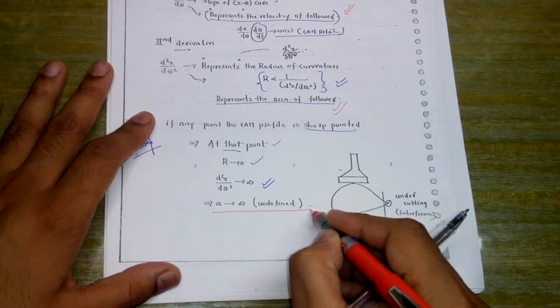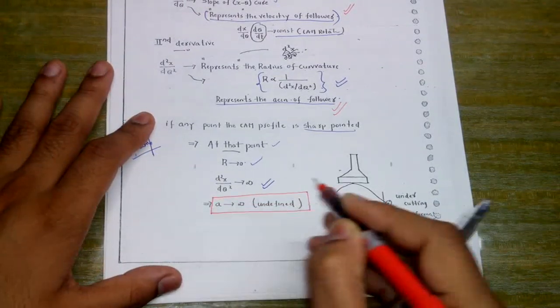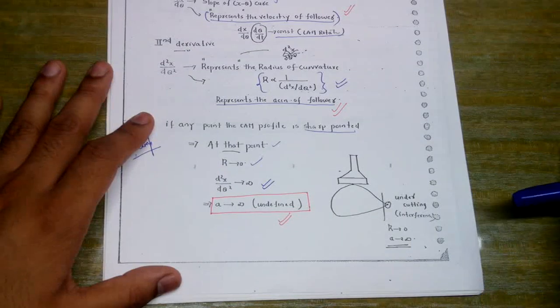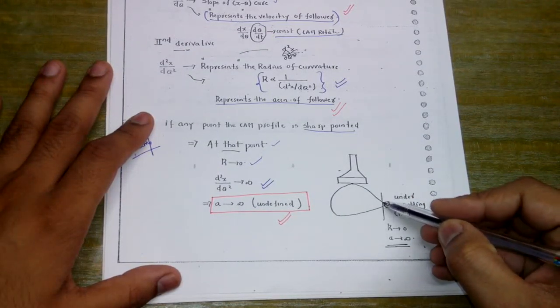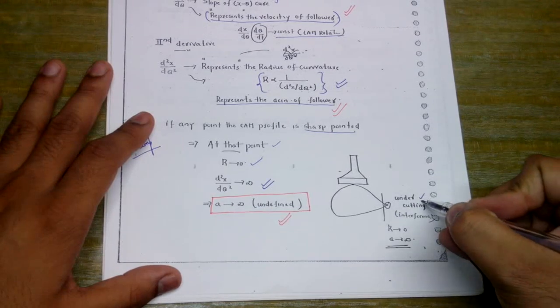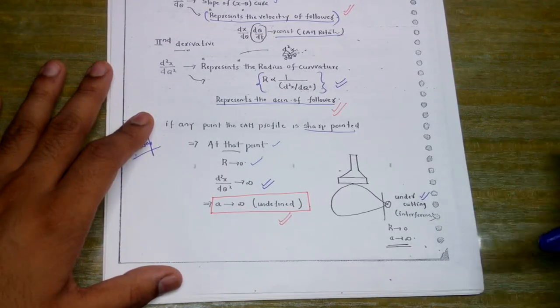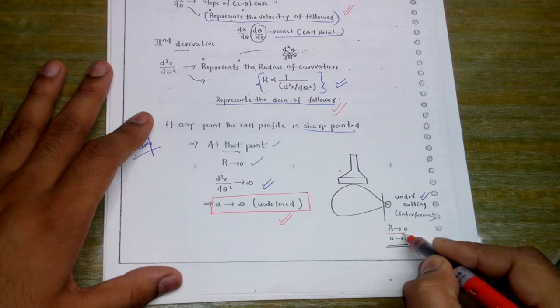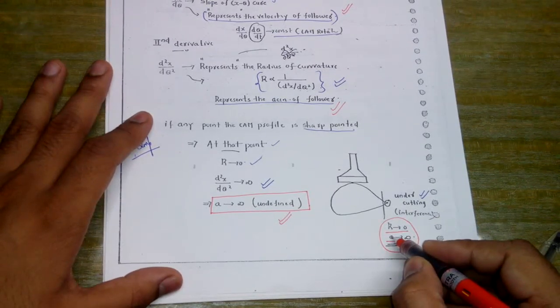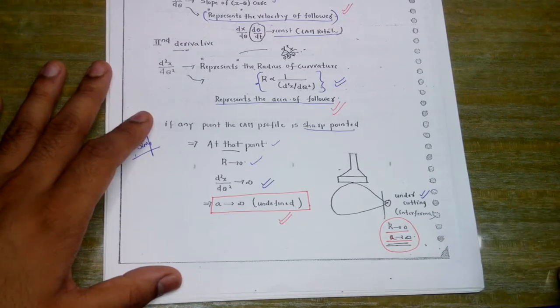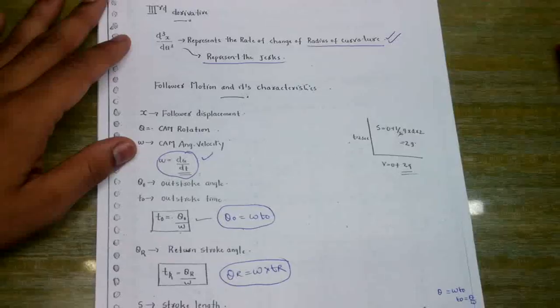मतलब वहां पर जो एक्सेलरेशन हो गया वो हमारा अनडिफाइंड हो जाएगा, मतलब इनफाइनाइट एक्सेलरेशन हो जाएगा. और कोई भी कैम प्रोफाइल में हमारा शार्प या पॉइंटेड एंड्स नहीं होते because it would lead to undercutting and interference phenomena. So if the radius of curvature is tending to 0 then we have the acceleration becoming infinite for that case.